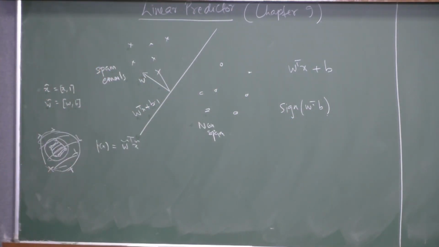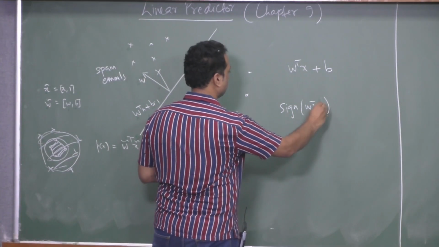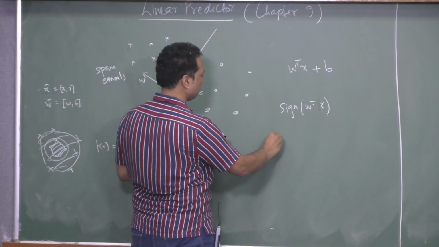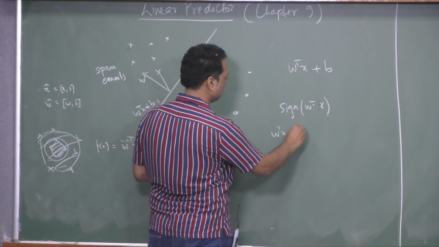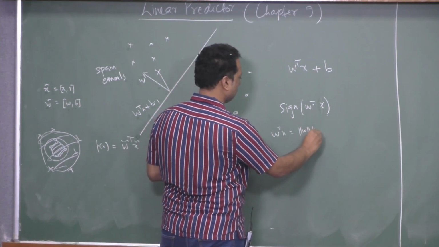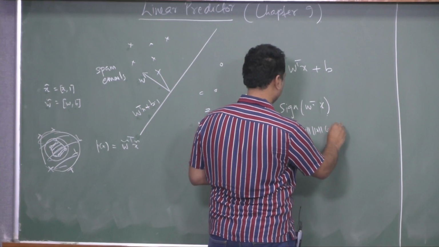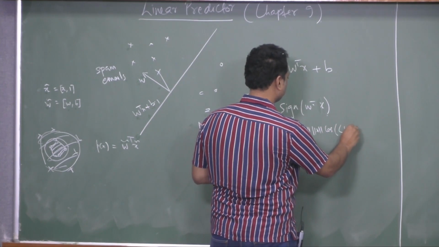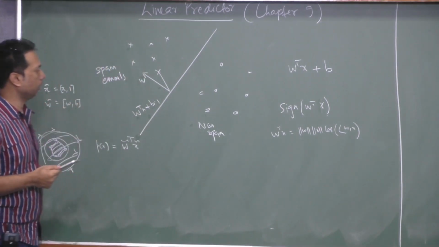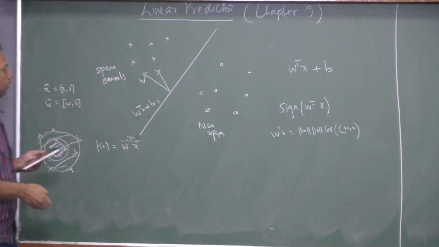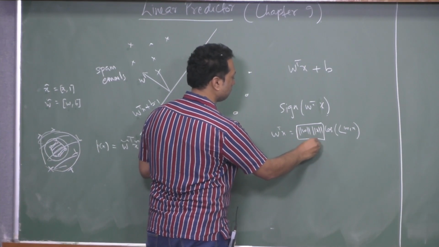What we know from geometry is that W transpose X is norm of W, norm of X, cosine of the angle between W and X. These norms are positive anyway.